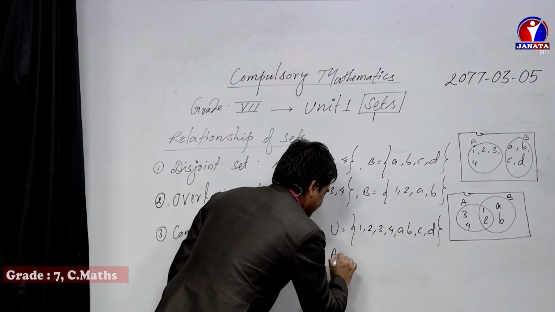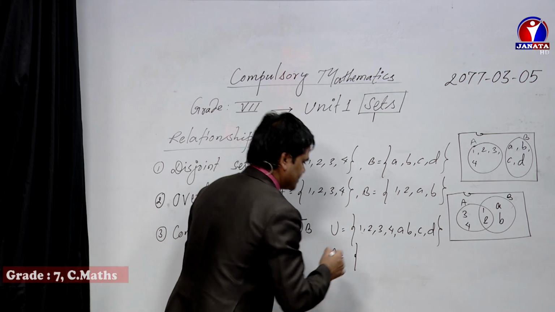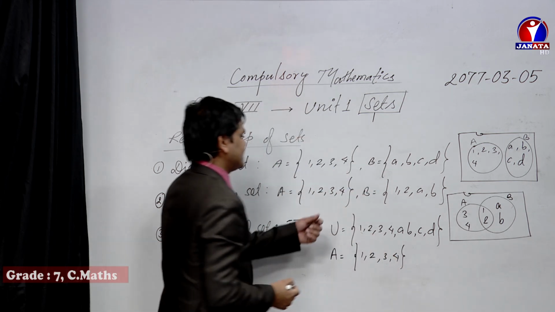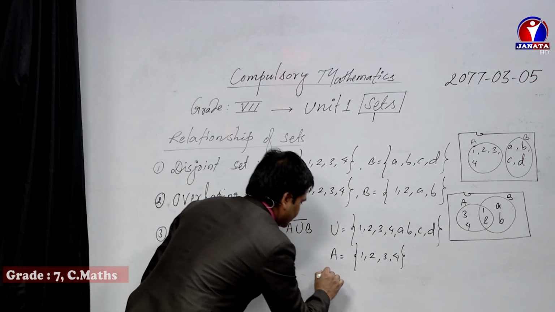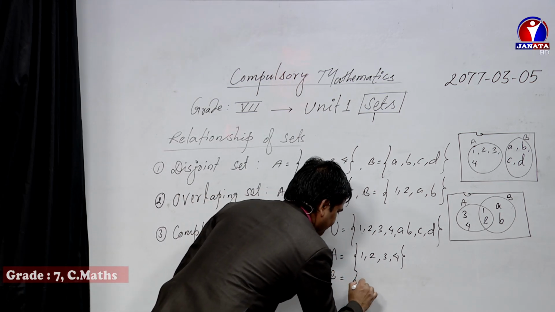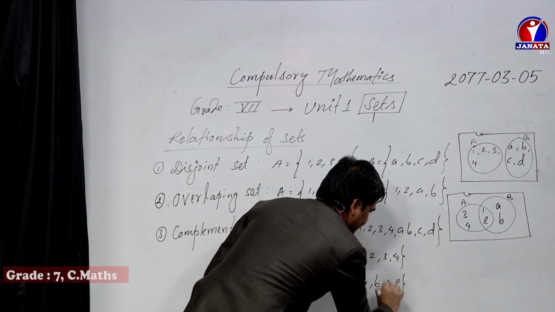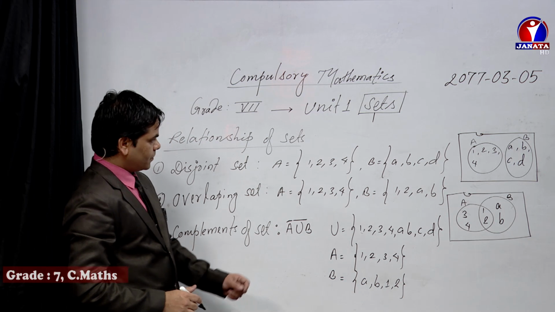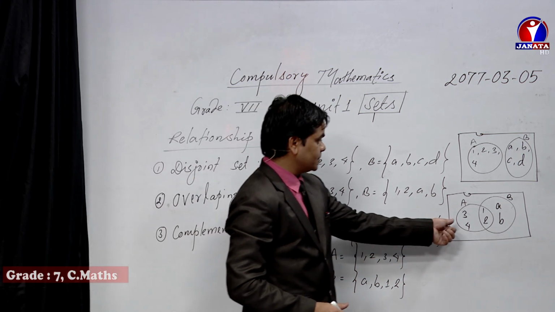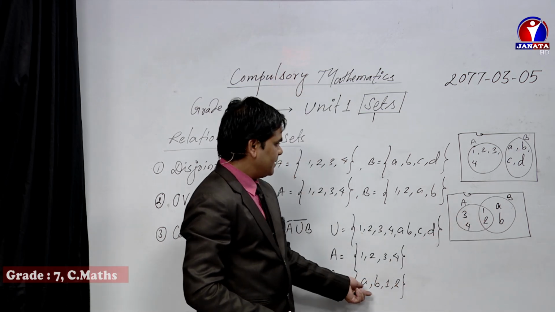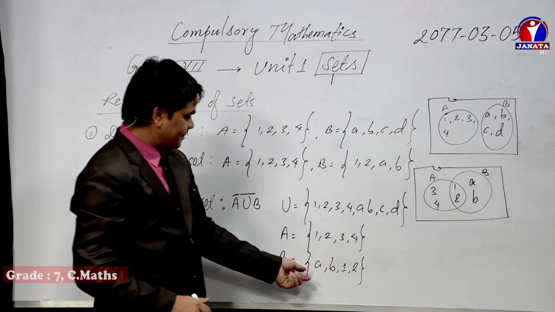Now let's write a subset of the universal set, A: 1, 2, 3, 4. Let's keep the same example as above. Another set B represents a, b, 1, 2. If you keep this information, of course, the same Venn diagram I am going to use. 1, 2, 3, 4 we have already represented here. a, b, 1, 2 we have already represented as the B set as well.